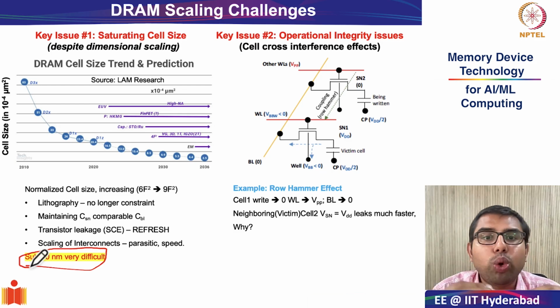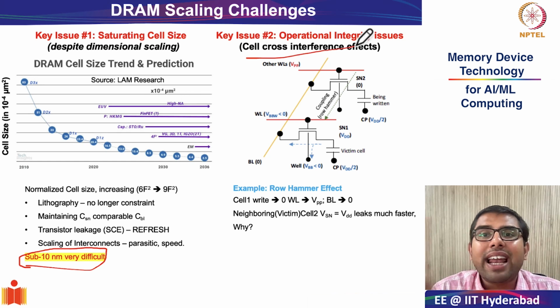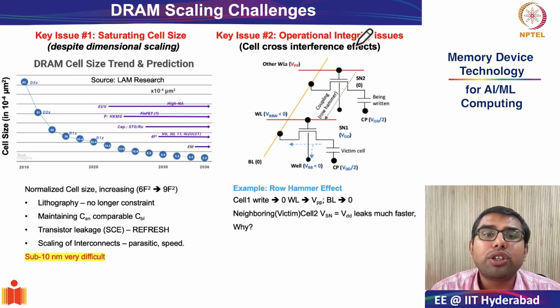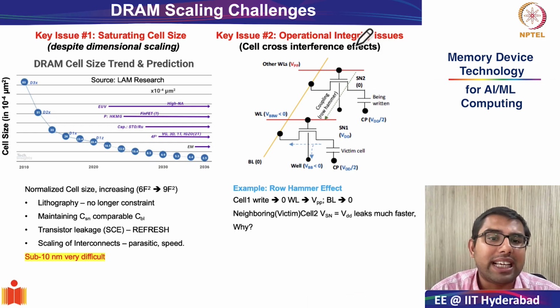As the distance between two cells reduces, there is a lot of cross-cell coupling or cross-cell interference effects. There are several kinds of cross-cell interference effects, but the one which creates a lot of havoc, and which I will give you as an example, is something very interesting.